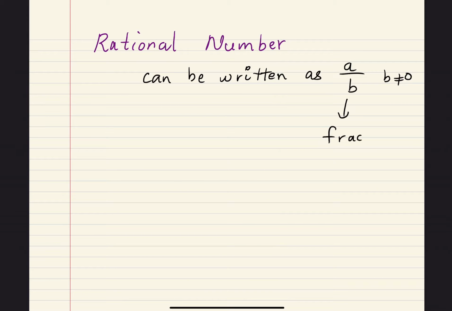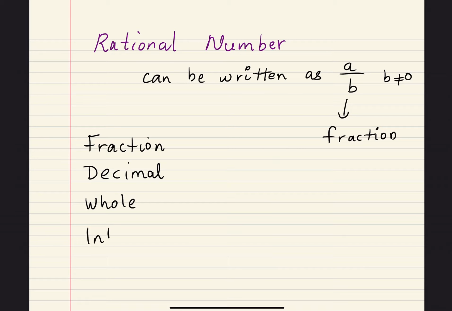So any number, if you can write it as a fraction, we call it a rational number. So basically, fractions, decimal numbers, we can write as fractions. Whole numbers, we can write as fractions. Integers, we can write as fractions. So these all we call rational numbers.